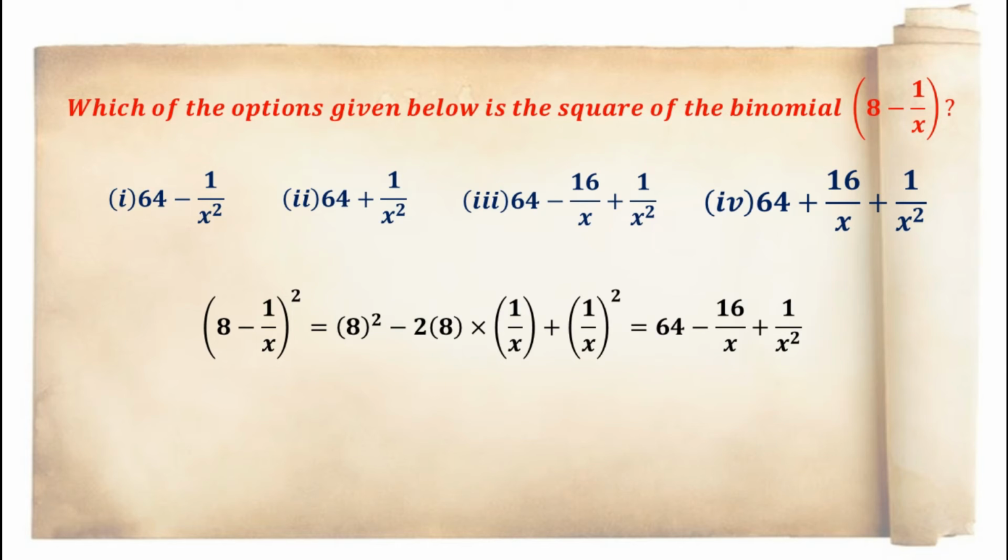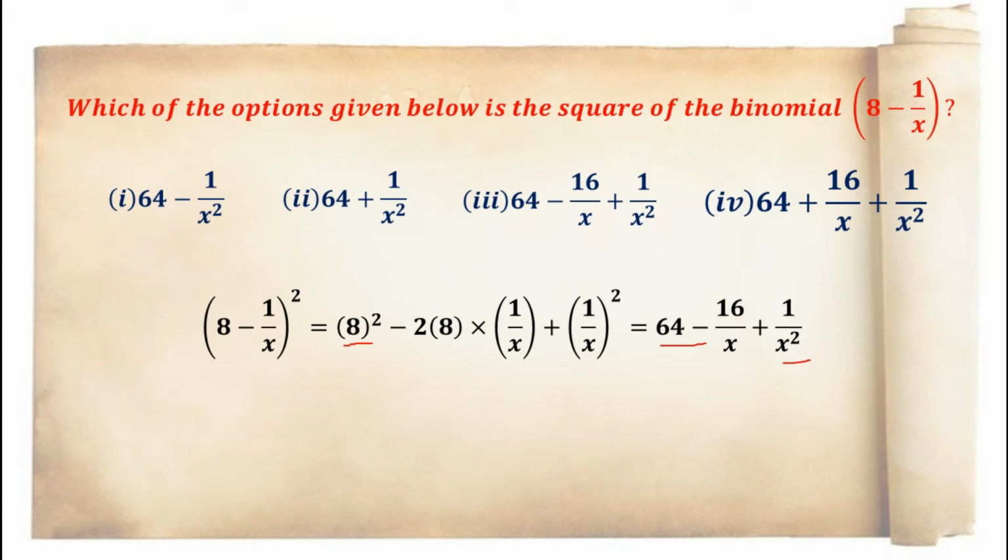(8 minus 1 upon x) raised to 2 is equal to 8 square minus 2 into bracket 8 into 1 upon x plus (1 upon x) raised to 2, and here you will see that will be 64 minus 16 upon x plus 1 upon x raised to 2.